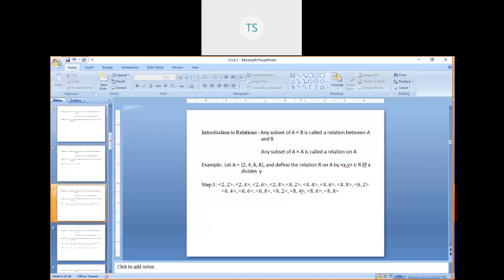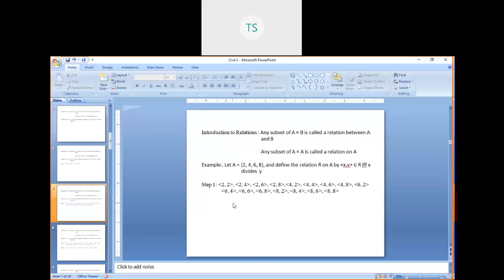See, here I have written all the elements of A cross A: 2, 2; 2, 4; 2, 6; 2, 8; 4, 2; 4, 4; 4, 6; 4, 8; 6, 2; 6, 4; 6, 6; 6, 8 and the last ones are 8, 2; 8, 4; 8, 6; 8, 8. These are the ordered pairs of the Cartesian product A cross A.